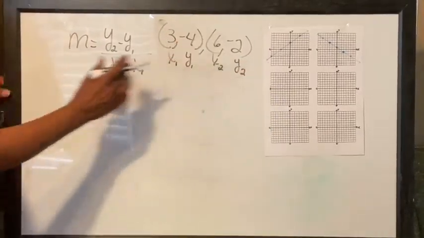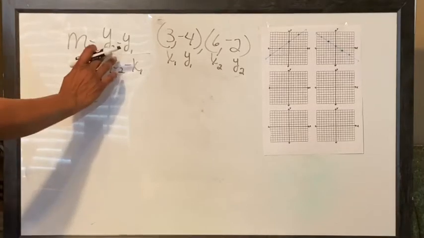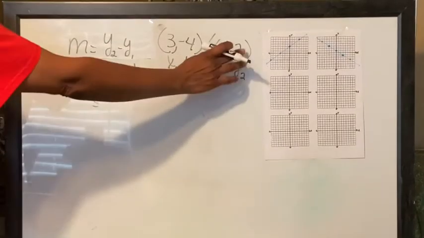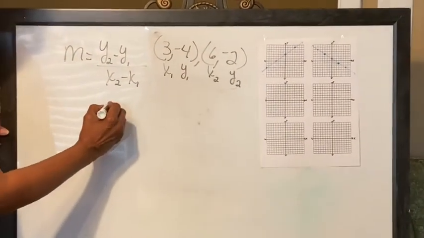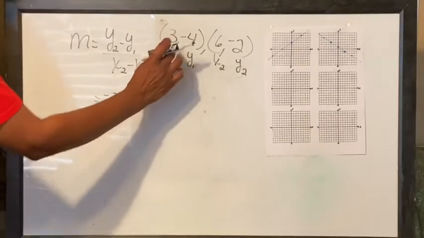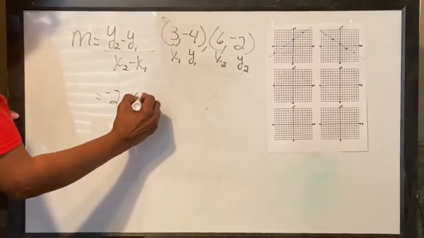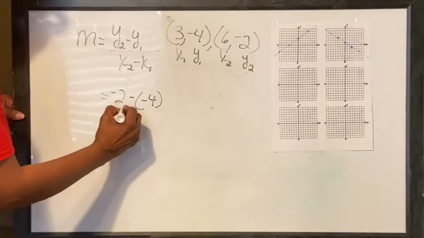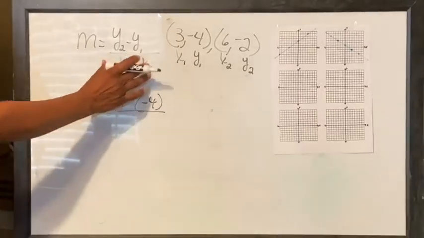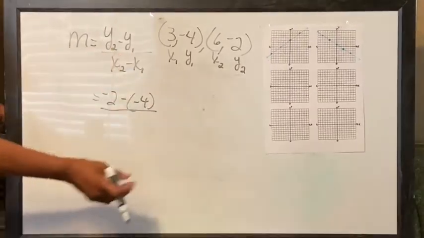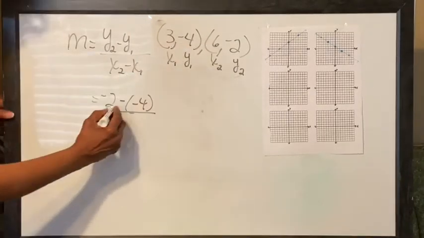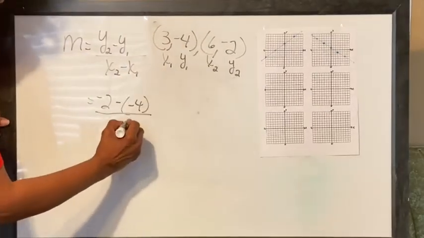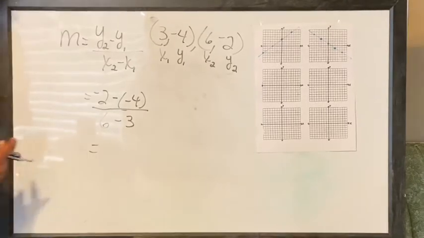So when I substitute, this tells me y sub 2 minus y sub 1, so my y sub 2 is a negative 2, minus my y sub 1, which is a negative 4. I'm going to divide that by the change in my x coordinates, so my x sub 2 is a 6, minus 3, then we'll simplify.